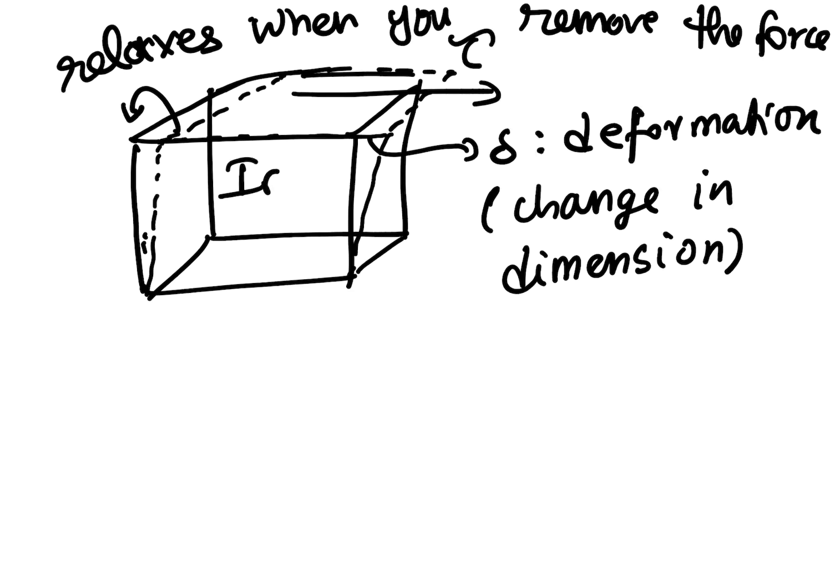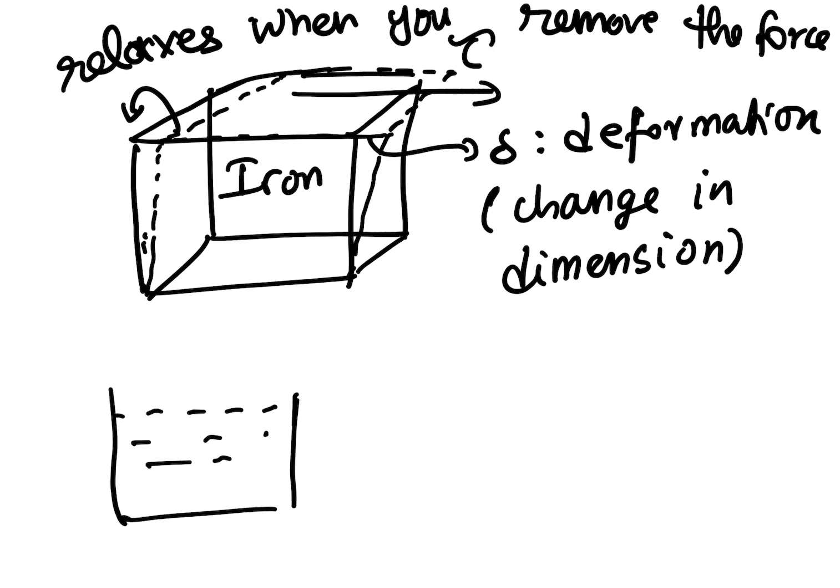Okay, same experiment. Imagine doing the same experiment where you have, let's say, a bucket of water. You put your hand in and try to move it parallel to the surface. If you apply a shear force parallel to the water, what would you expect to happen?